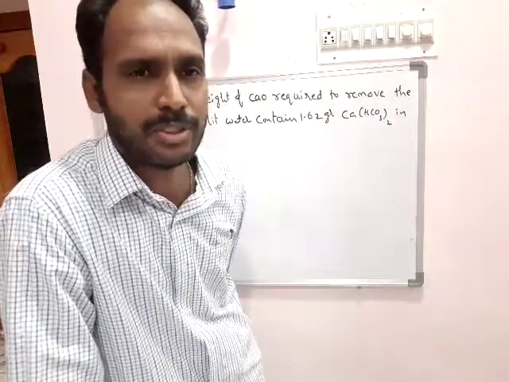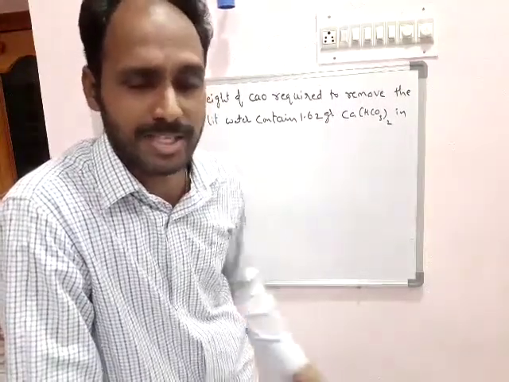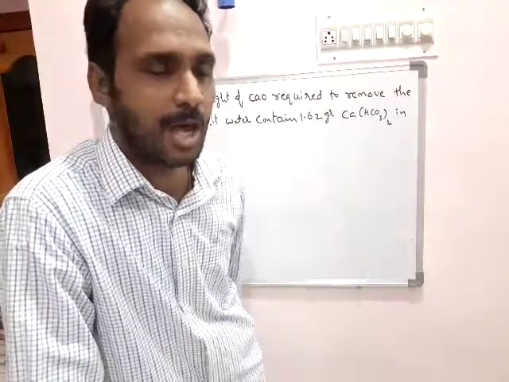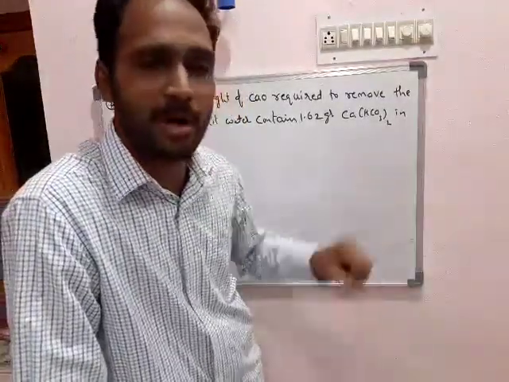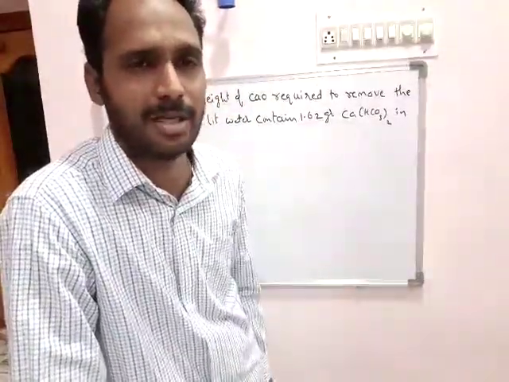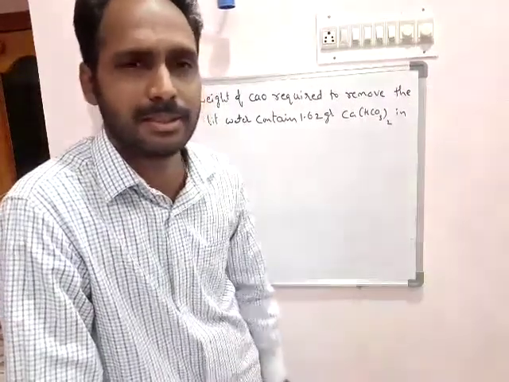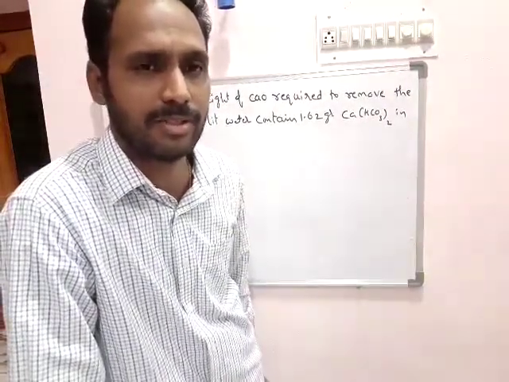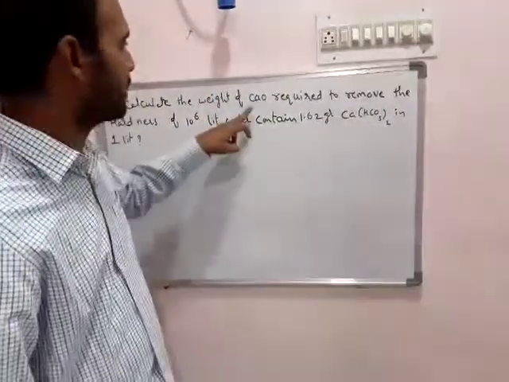So how can we remove the temporary hardness of water? Just by heating. Or we can remove the temporary hardness just by mixing that water with lime. Here it is given lime.